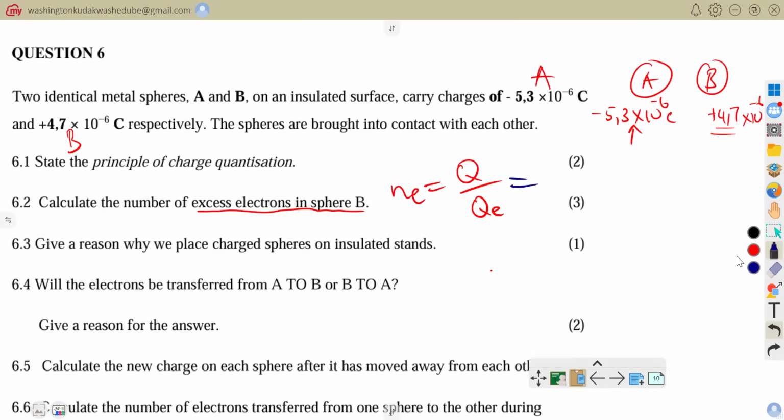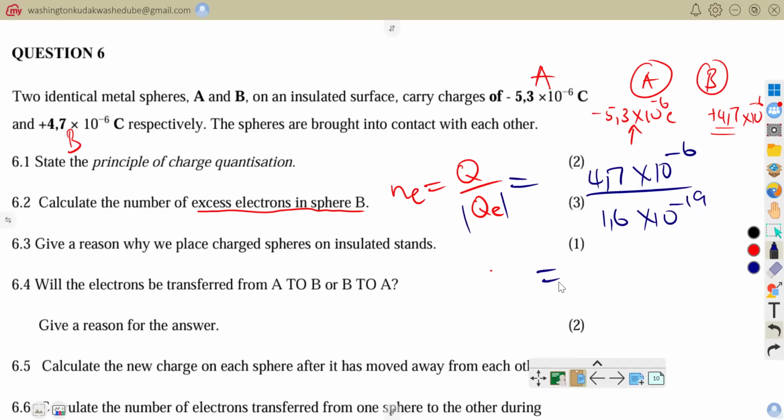So the number of electrons would be equal to, what is the charge of B? It is 4.7 times 10 to the power negative 6, divided by the charge of an electron, 1.6 times 10 to the power negative 19. Now I will just use the magnitude of that, because I'm just looking for the number.